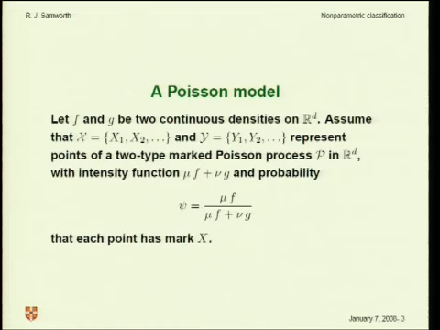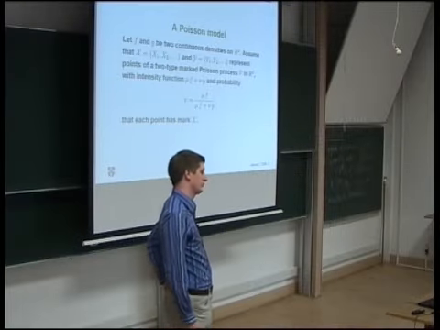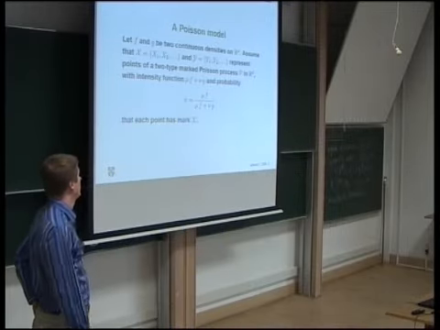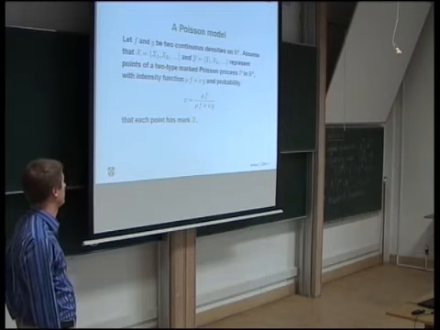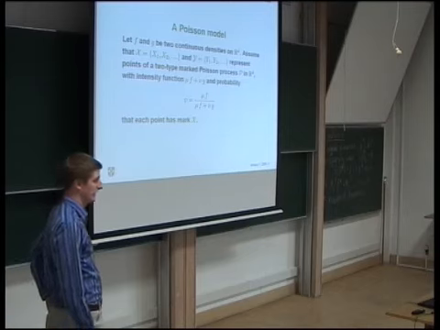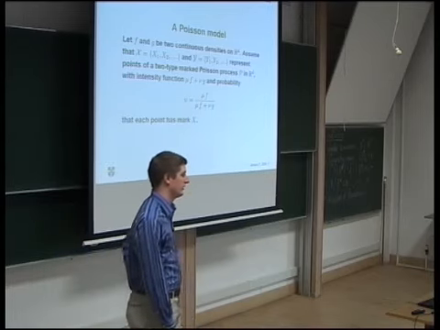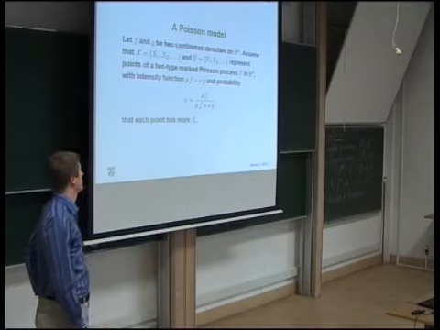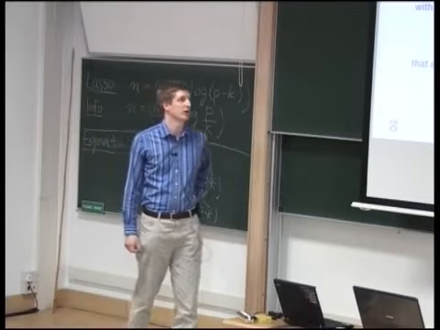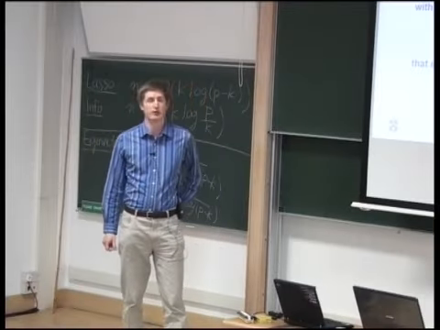So the intensity function of this Poisson process is mu f plus nu g. So the mu and the nu are such that the average number of points in the Poisson process is mu plus nu, and that's going to be diverging in our theoretical results that we'll come on to later on. And then the probability that each point has a mark x is given by this function psi, which is mu f over mu f plus nu g.